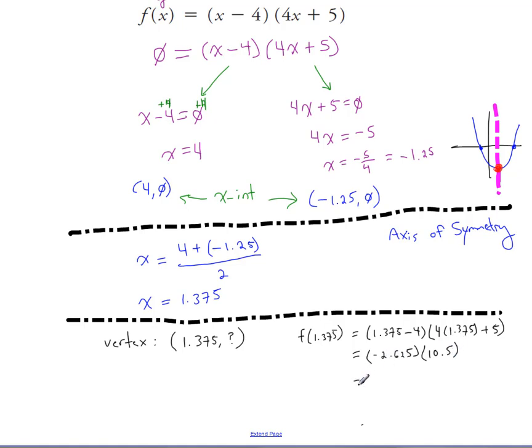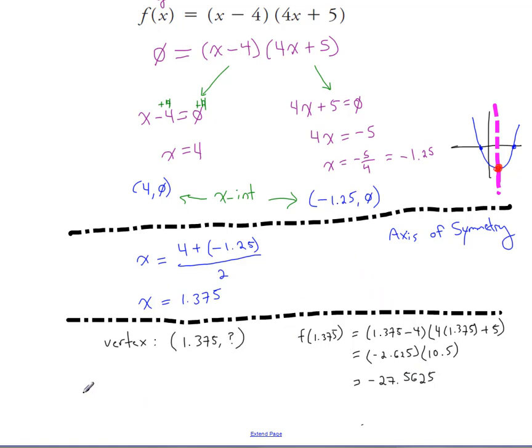Okay, let's multiply those together. I had to stop and do that one on a calculator, and I'm going to end up with negative 27.5625. So that's going to be the y coordinate of my vertex.